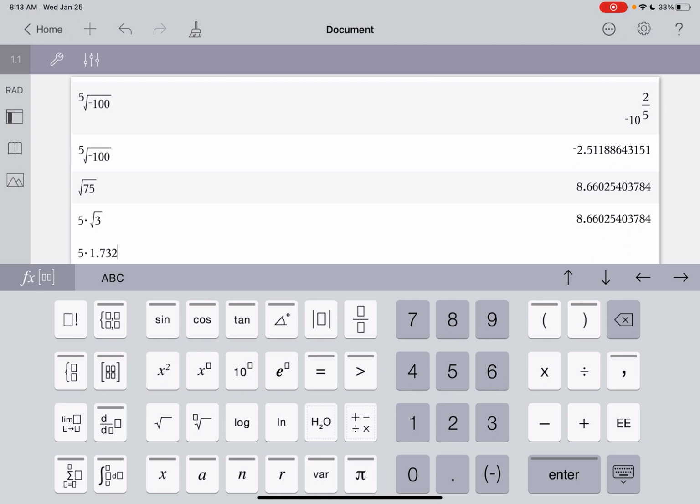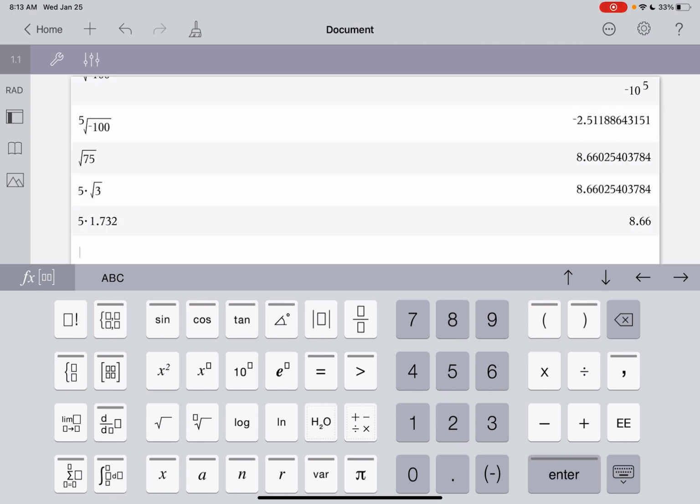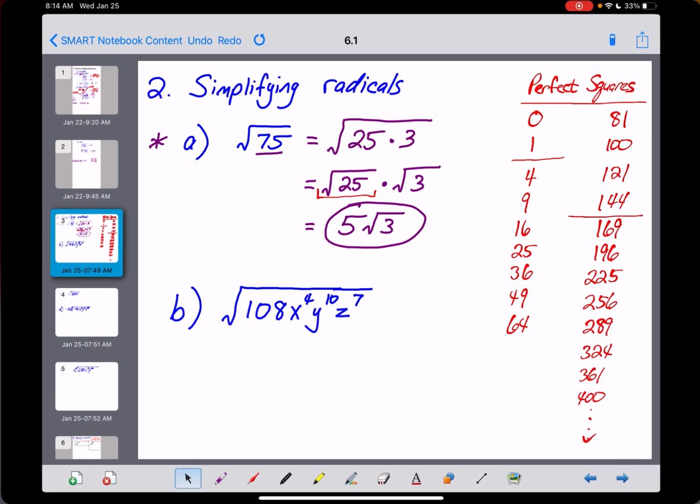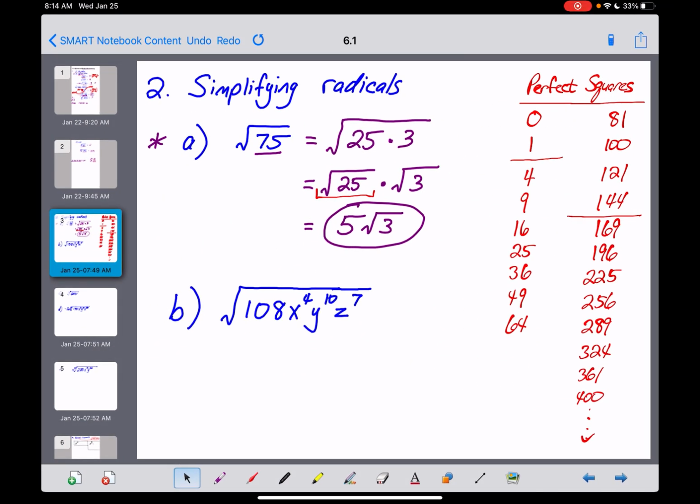Good high-level math students back in the 50s needed to know this, and they would multiply that out by hand and get an answer of 8.66. Now, is that exactly the same as the answer we just came up with? Not exactly, but it's a pretty darn close approximation. So that's the way we did it, or they did it back then. That's before my time, too.